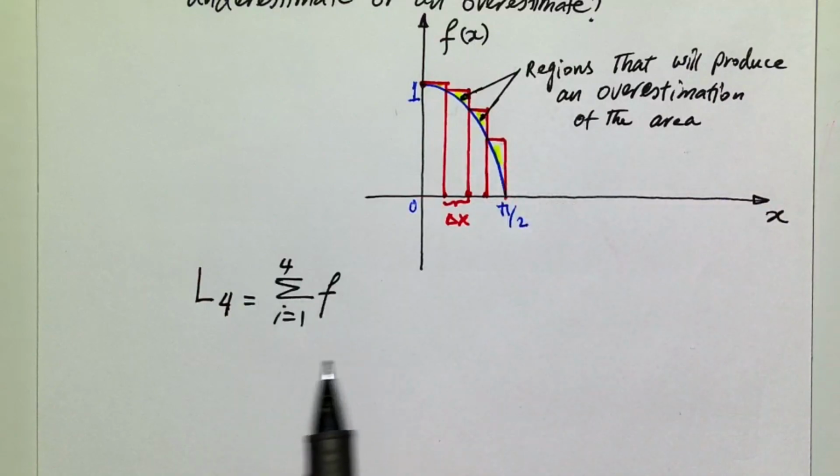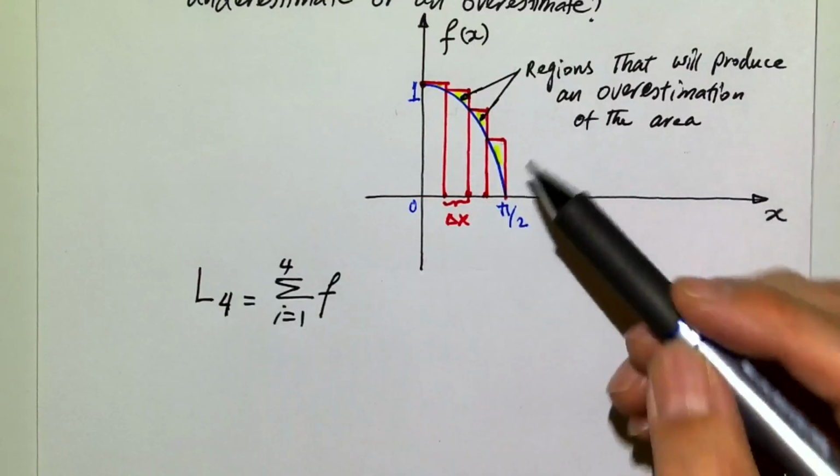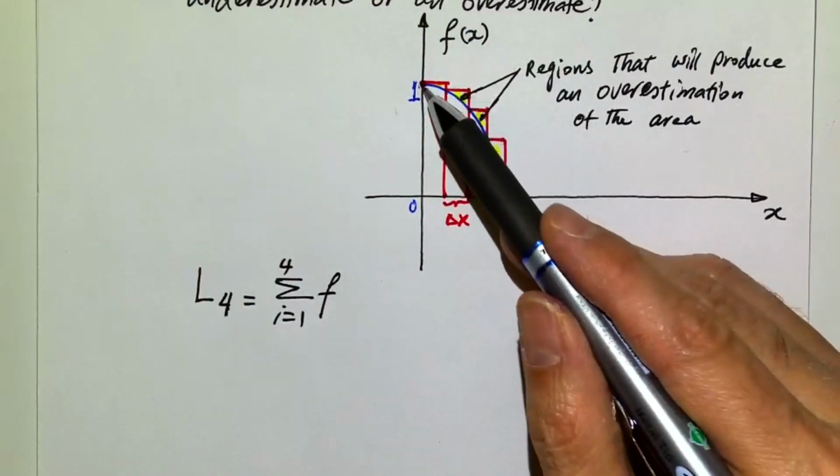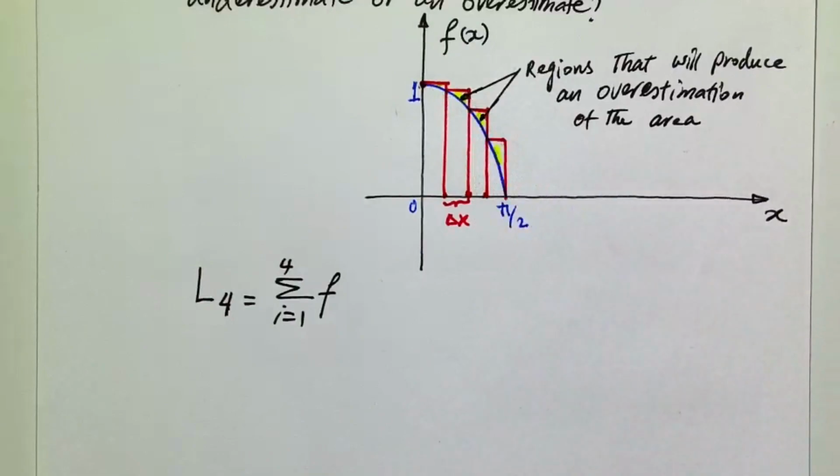We have the left points, so that would be these 4 points, right?